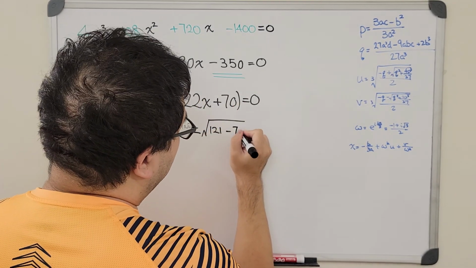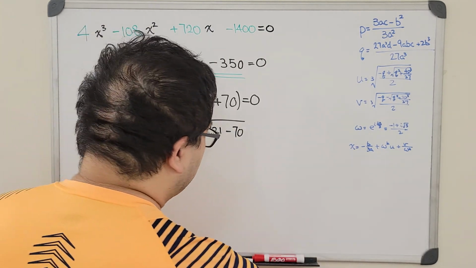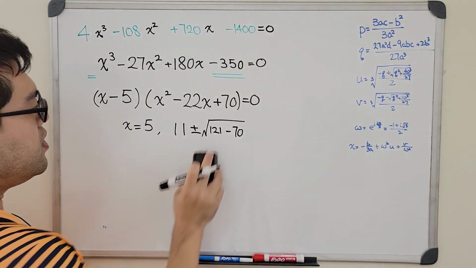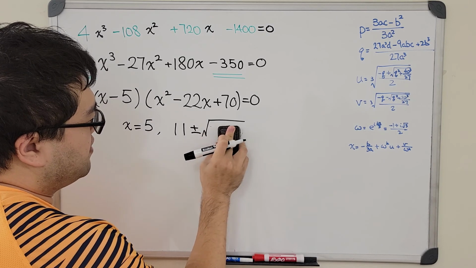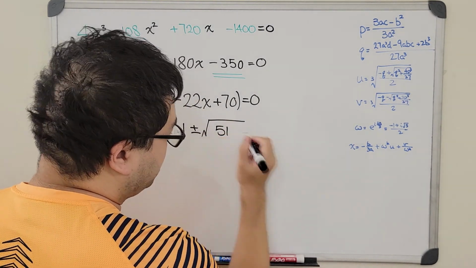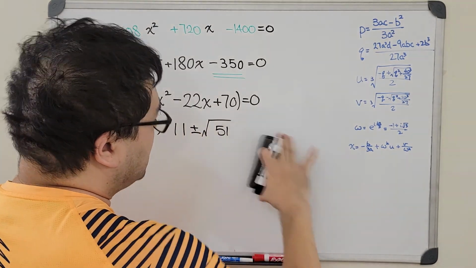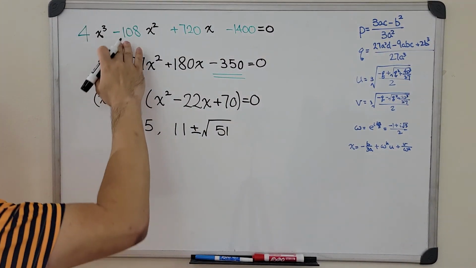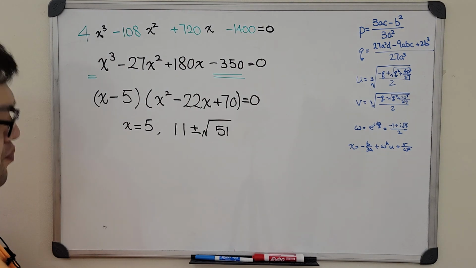If we simplify everything inside the radical, we'll end up with 51. So these are the three answers for the original equation that we have.